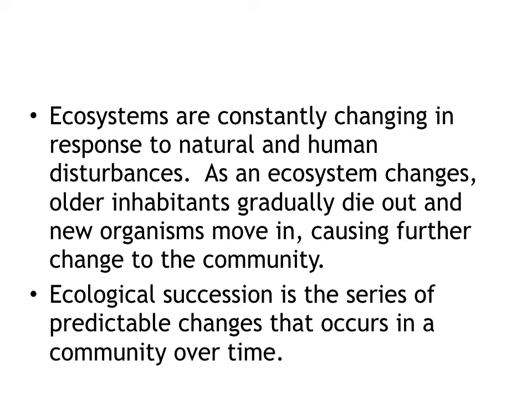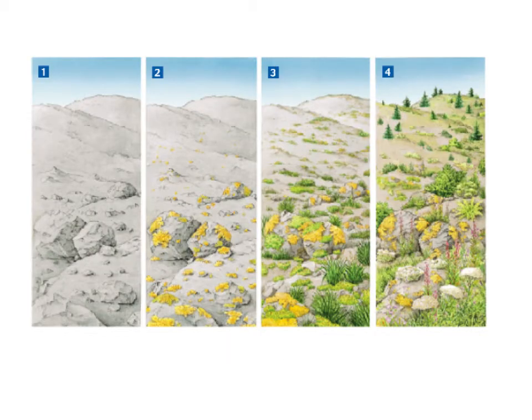So let's take a look at ecological succession right here. This is an example of succession. Notice how we have bare rock. Then in picture 2, we have some mosses or lichens growing. Then in picture 3, we have some grasses. And then in 4, trees and shrubs. So it's a progressive change over time.